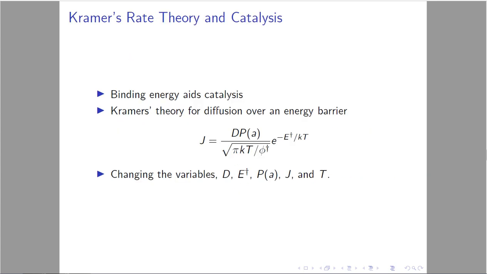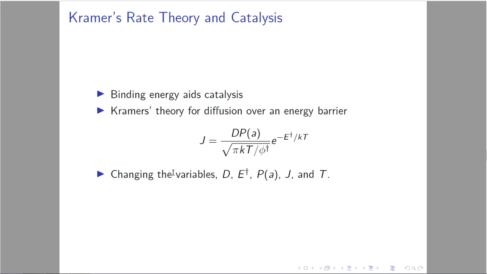Okay, and as before in our chapter 7 and chapter 9, we have Kramers' rate theory. So binding energy aids catalysis, and Kramers' theory is for diffusion over the energy barrier. J equals D times P_A times exponential of minus E dagger over kT, times the square root of pi kT over P dagger.